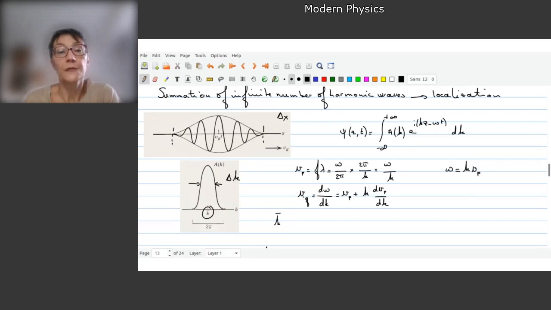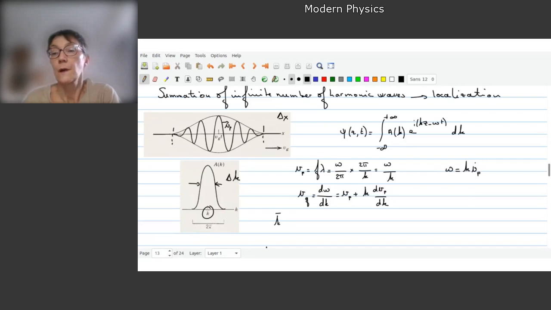And you have the group velocity. The group velocity describes the propagation of this wave packet. I can write it as Vg, phase velocity Vp, group velocity Vg, and you can write it as d omega over dk.